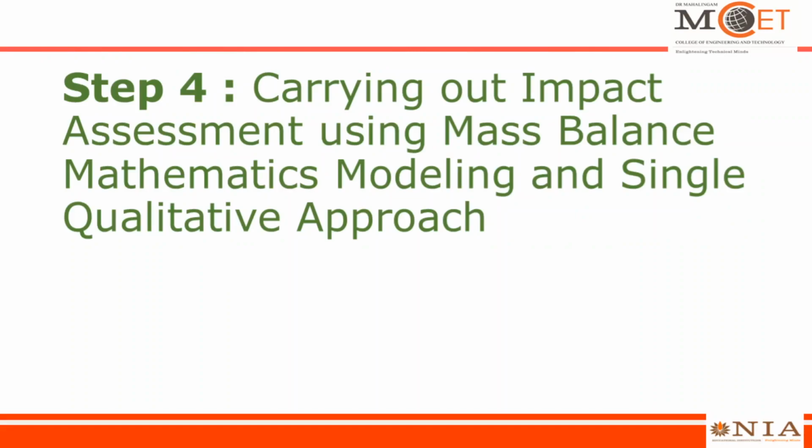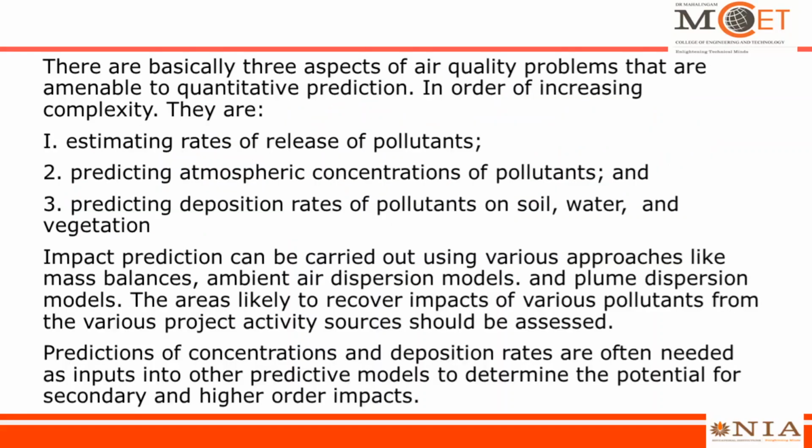Step 4, carrying out impact assessment using mass balance methods or mathematical modeling or a single qualitative approach. So there are basically three aspects of air quality problems that are amenable to quantitative prediction, in the order of increasing complexity.